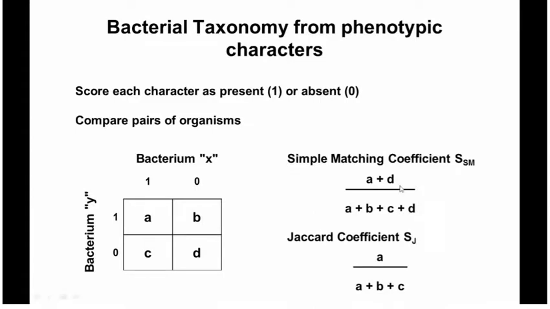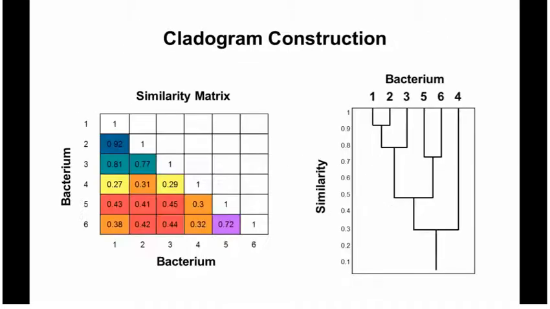Now, probably not a good idea to group organisms together because they lack something. So I would say that probably this one is a more valid comparison. Anyway, once you've done this, you can get a kind of similarity matrix. So once again, you've got your bacteria 1, 2, 3, 4, 5, 6, and this is the matching coefficient. So the higher the matching coefficient, the closer they are.